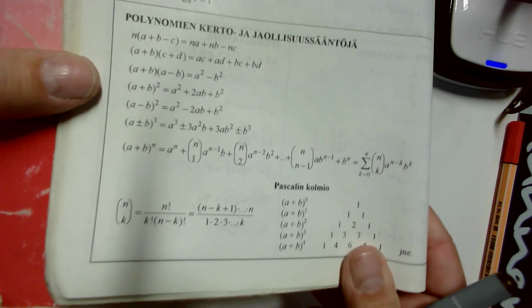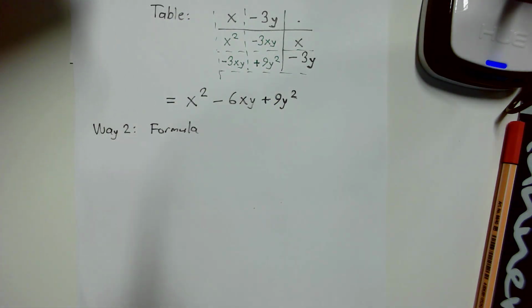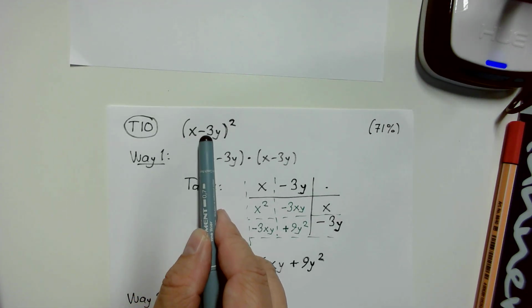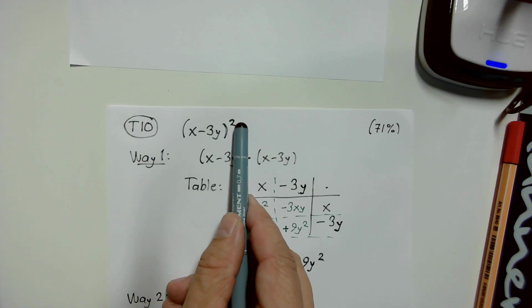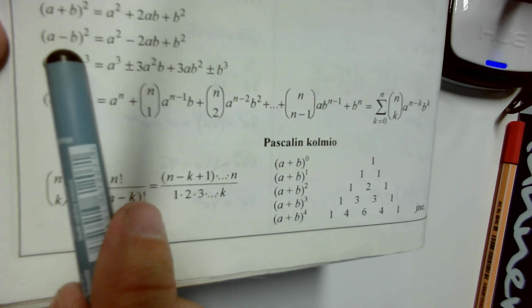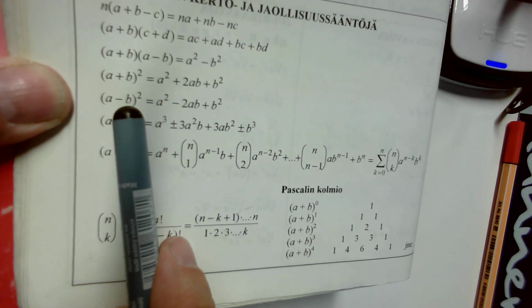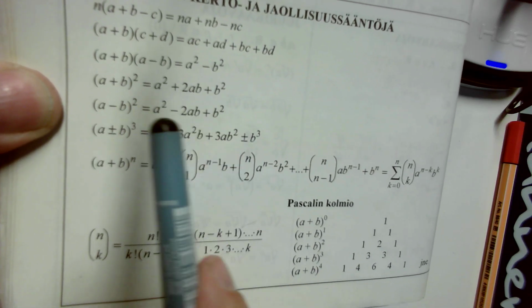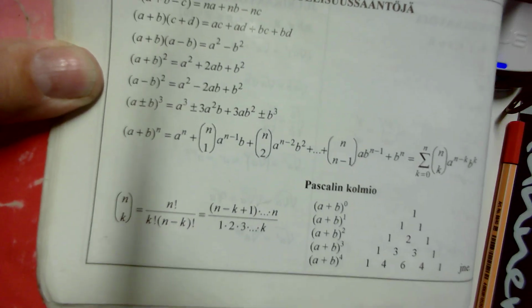Here we have a minus sign, so there is something minus something else, squared, and we have a formula here. Here we have (a minus b) squared, and this is the formula for that.